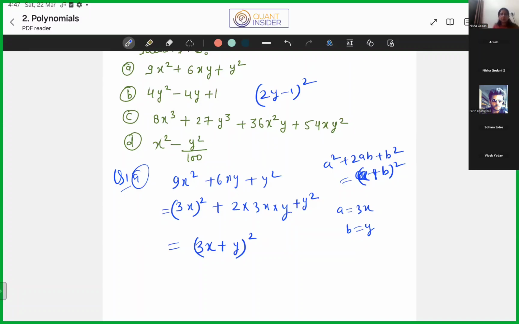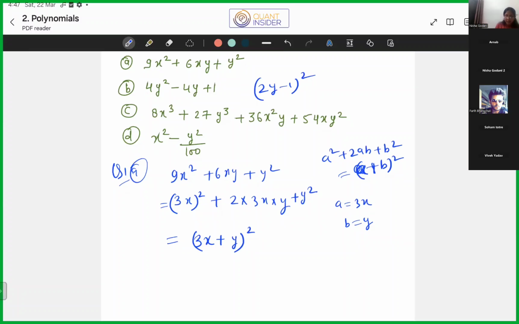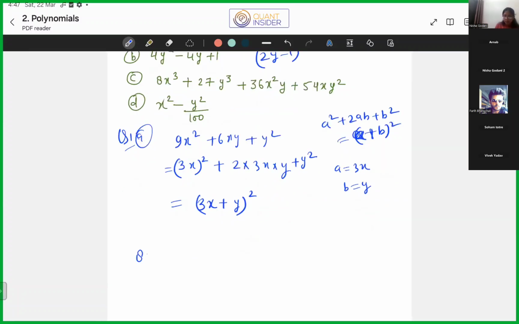Okay, so let's come to the third, the c part. In the c part, you have 8x cube plus 27y cube plus 36x square y plus 54xy square. So the first term can be written as 2x whole cube.